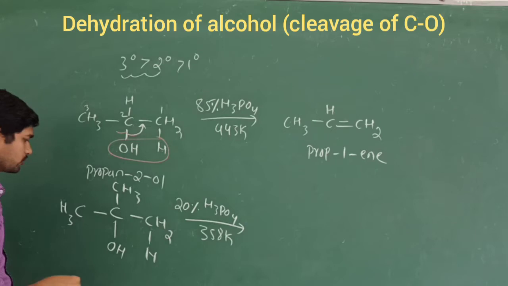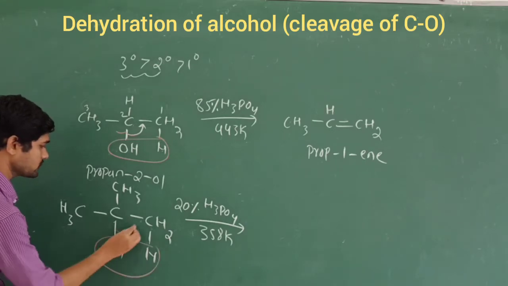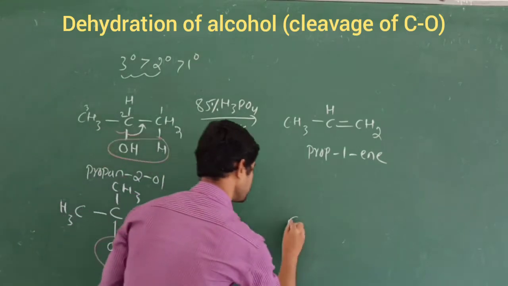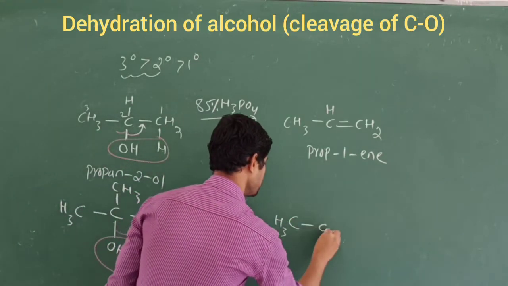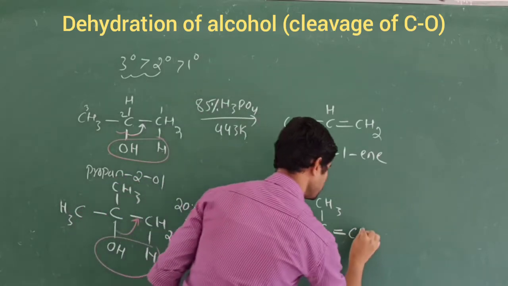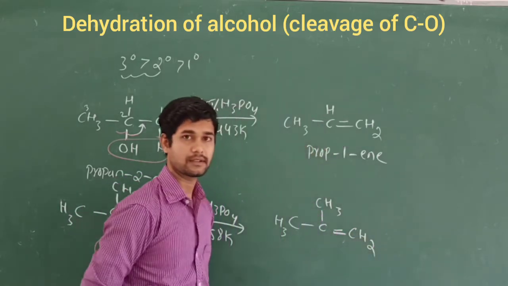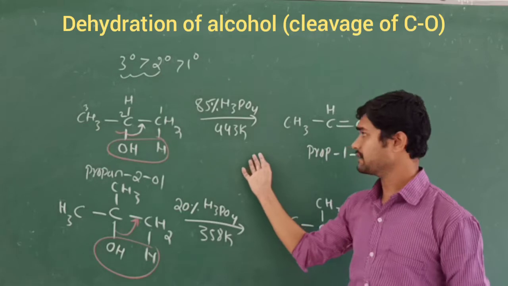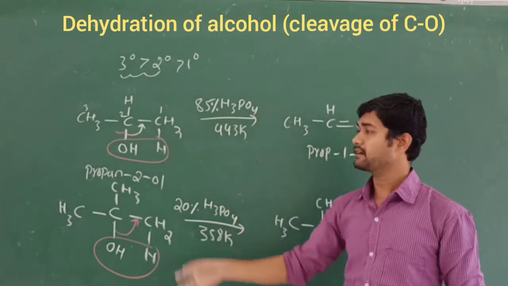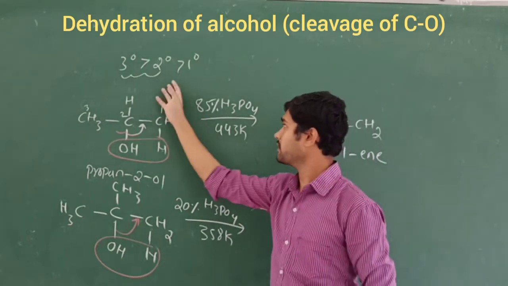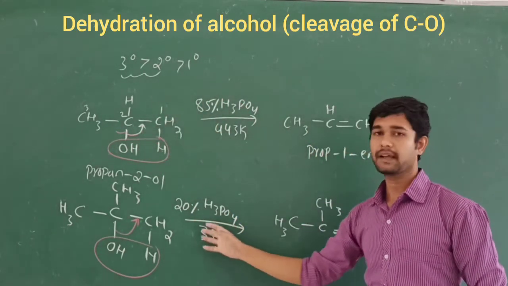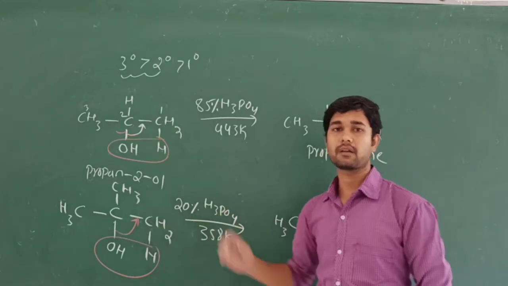We remove the water molecules and this bond migrates here to get the alkene compound, CH3 CH3 C double bond CH2. So this dehydration by phosphoric acid depends on the category of alcohol: it requires 85% for secondary alcohol and only 20% for tertiary alcohol.